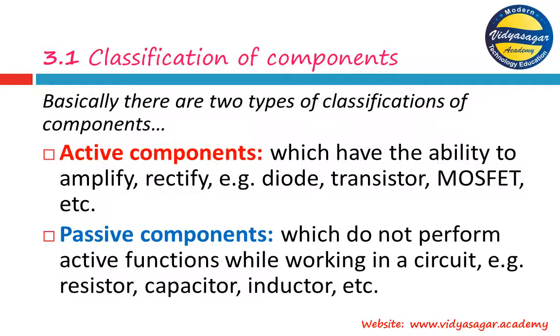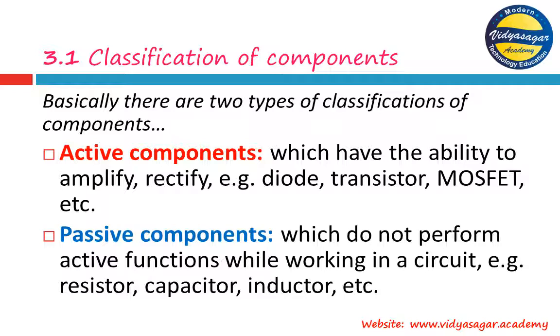Now starting with topic 3.1, classification of components. Basically there are two types of classifications of components: active components and passive components. Active means those which have the ability to amplify, rectify and do such types of processes.